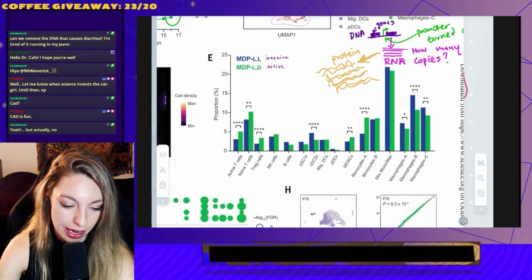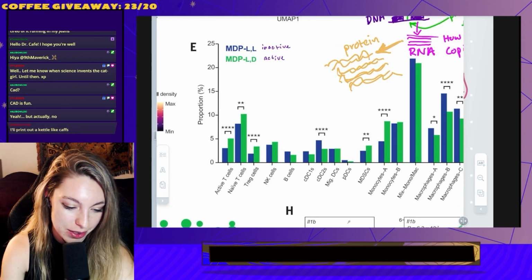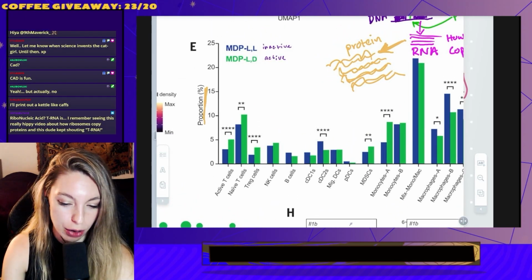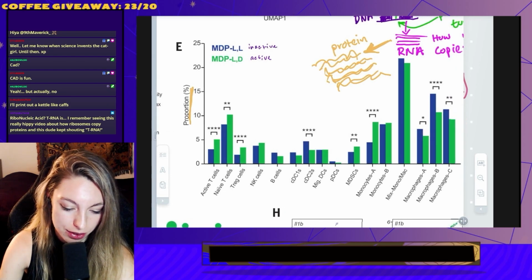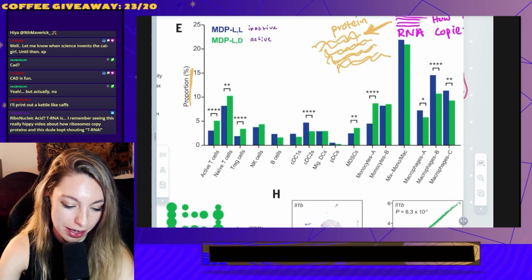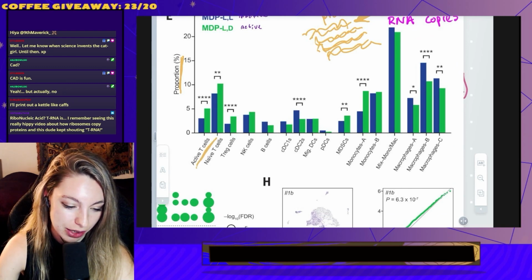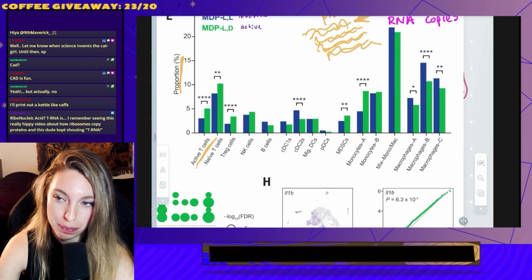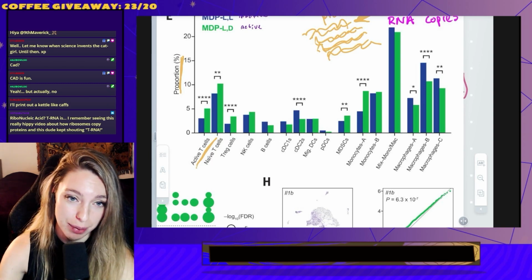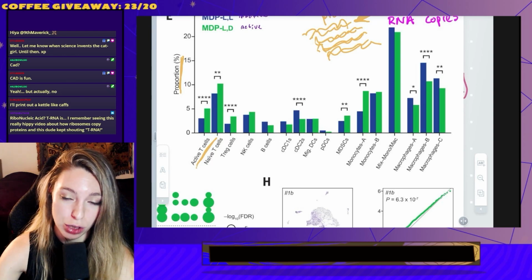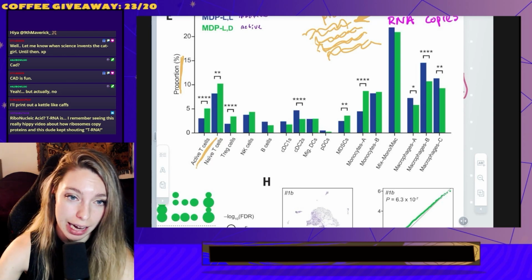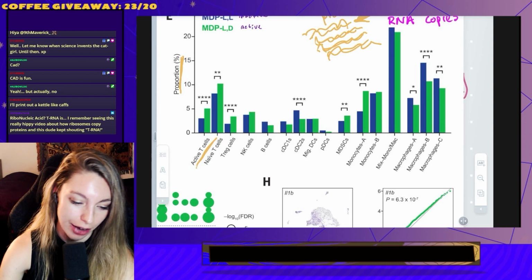What you're seeing in this figure E is the percentage of RNA being made that's specific to each of these categories down here. There's RNA associated with active T cells. This could be a whole bunch of different types of RNAs associated with different genes that are turned on only in active T cells, so they're only looking at that RNA.